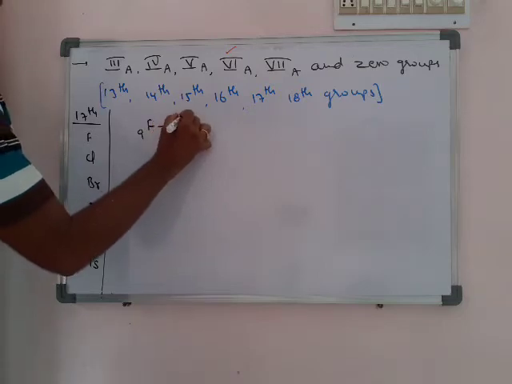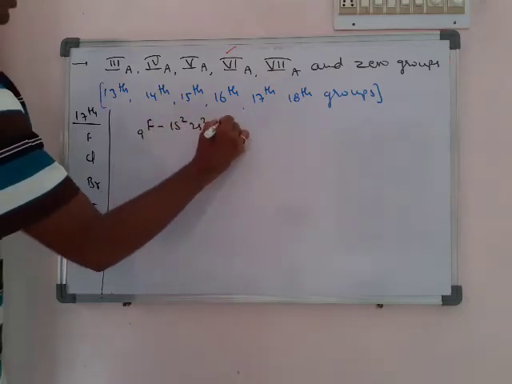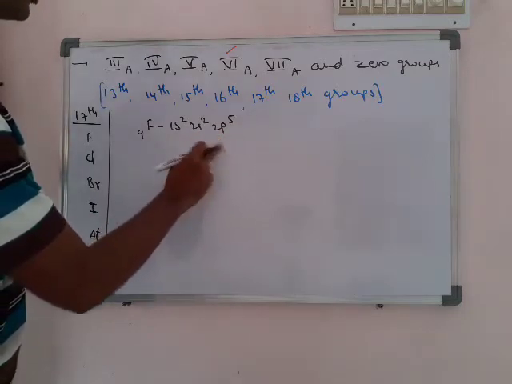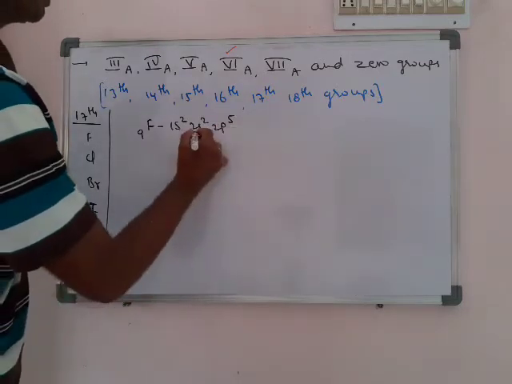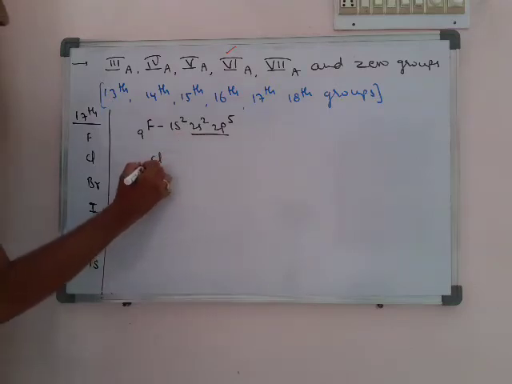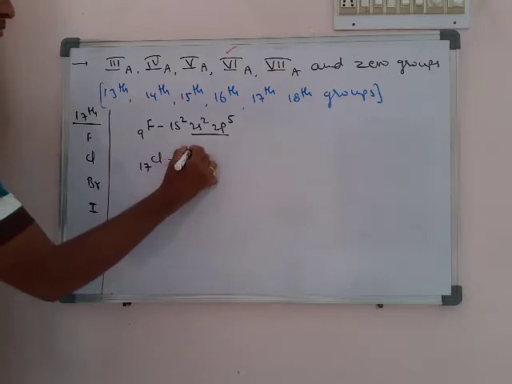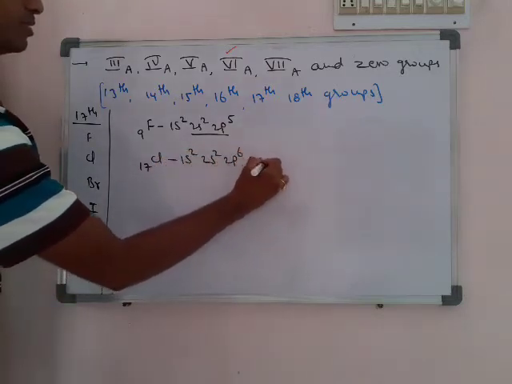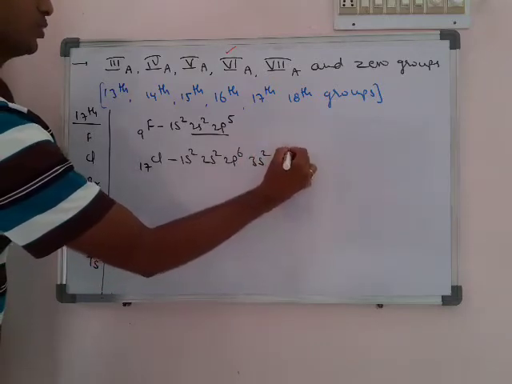Fluorine, 9, so 1s2, 2s2, 2p5. Outermost newly entered differentiating electron is in the 2p subshell, configuration s2p5. Let's see chlorine. Chlorine is 17: 1s2, 2s2, 2p6, 3s2, 3p5.